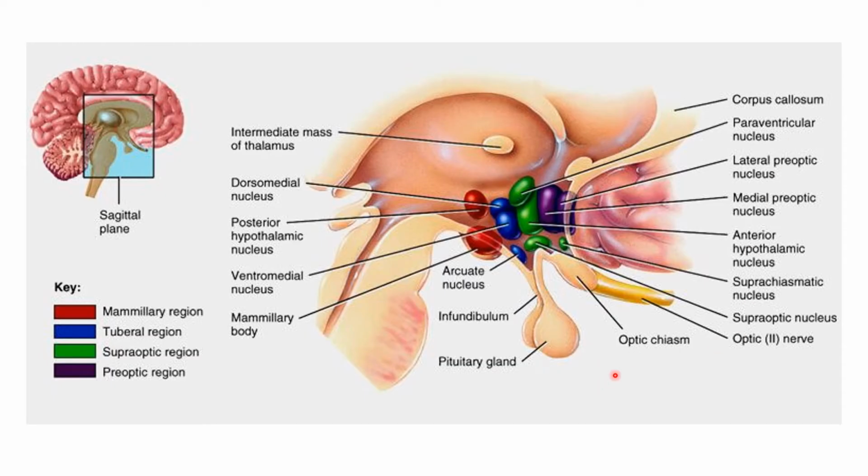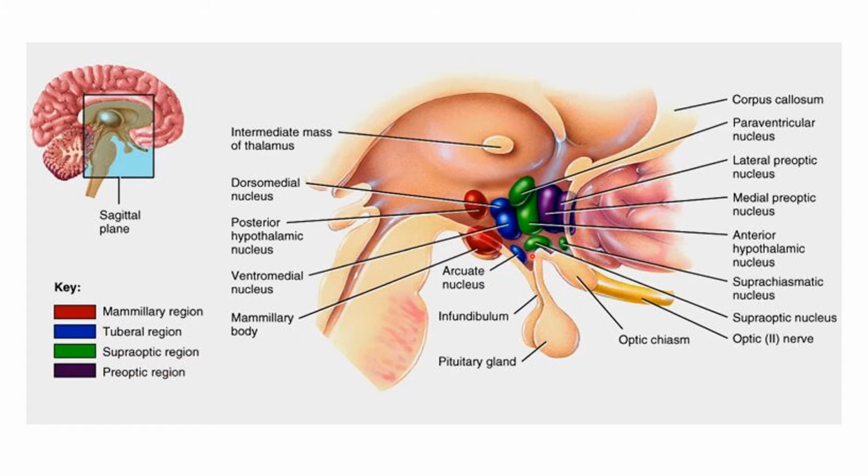And here we have a nice picture which divides the nuclei based on their regions. Posteriorly, we have the mammillary body and the posterior hypothalamic nucleus, part of the mammillary region. Then in blue, there is the tuberal or middle region, with the dorsomedial nucleus, ventromedial nucleus, and arcuate nucleus.